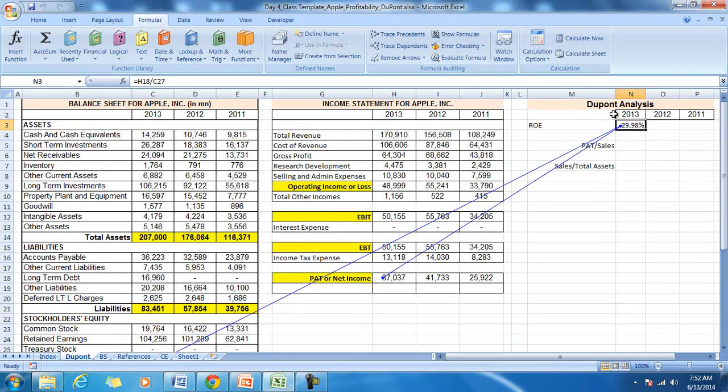So 29.9%, 35.5%, and 33.83% is the return on equity of Apple in 2013.